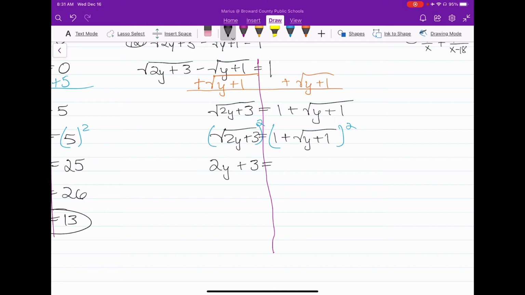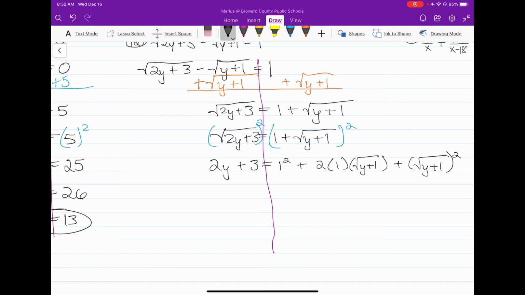Now, for the right-hand side, like I said, we have to perform FOIL. So that's going to be 1 squared plus 2 times 1 times the square root of 1 plus y, plus the square root of 1 plus y, all of that squared.